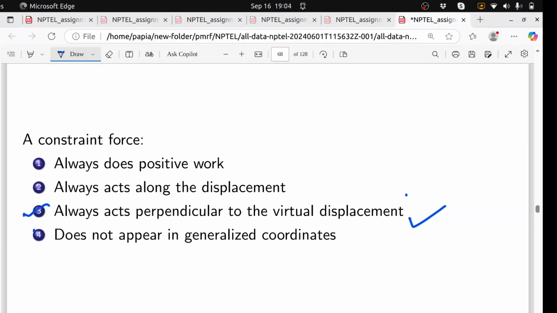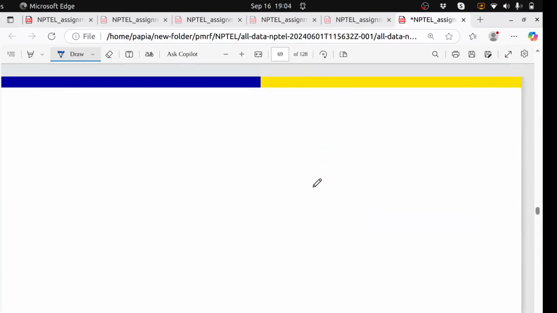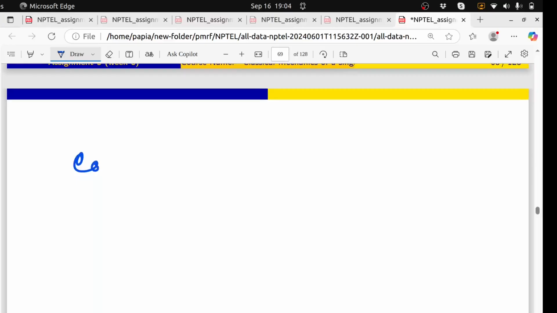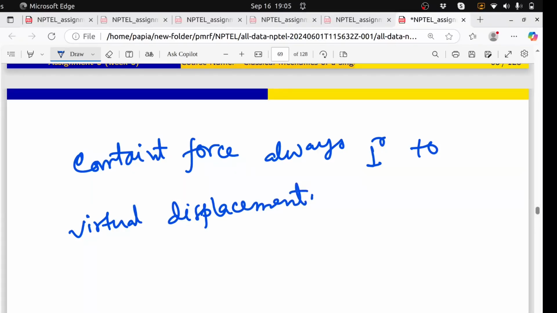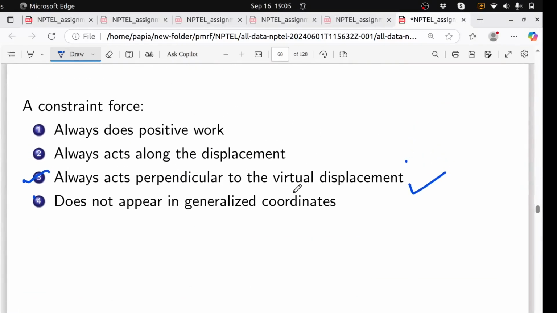Because the constant force is the one always perpendicular to virtual displacement. So this is the correct option. Okay.